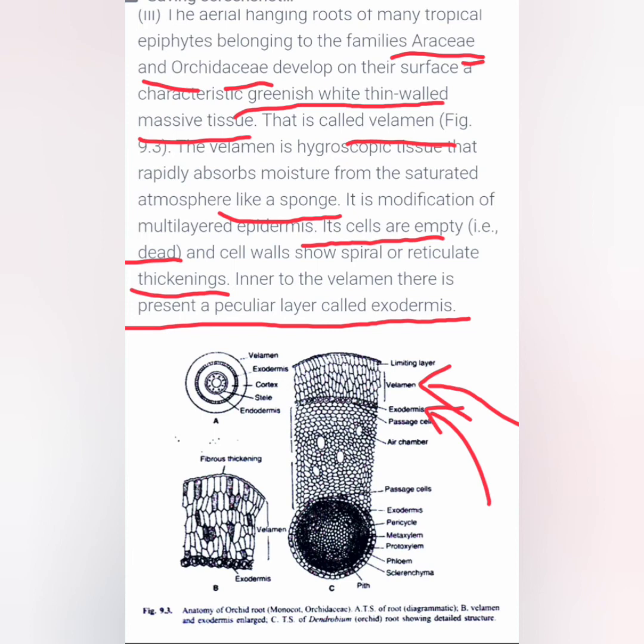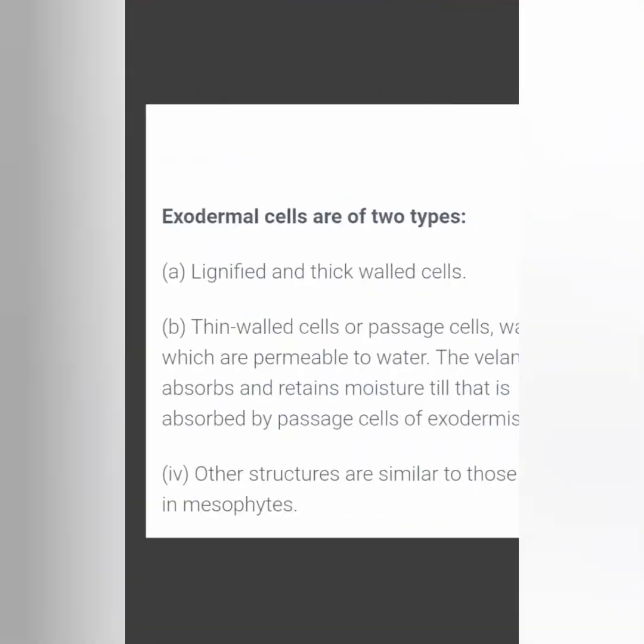So you can see the fibrous thickenings in the velamen, and just below there is an exodermis. So what is the function of this velamen tissue or the spongy tissue? It is to provide support to the cell, to prevent water loss, and to assist the plant in absorbing water.